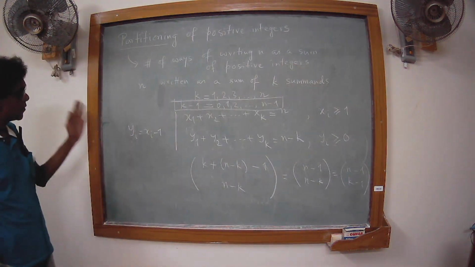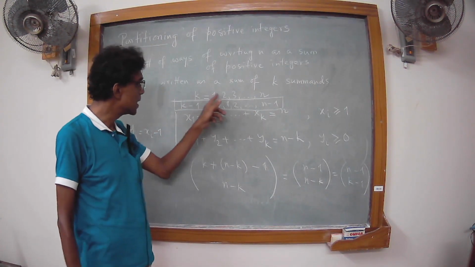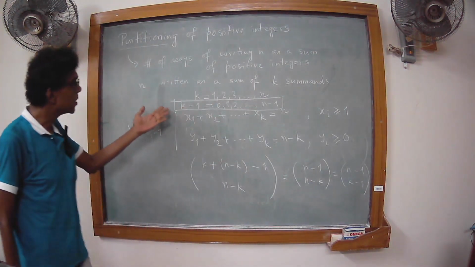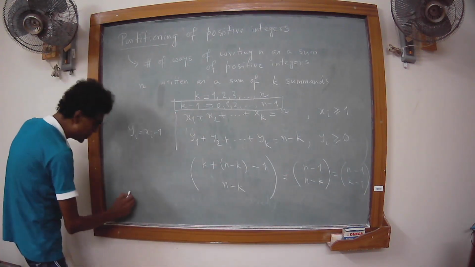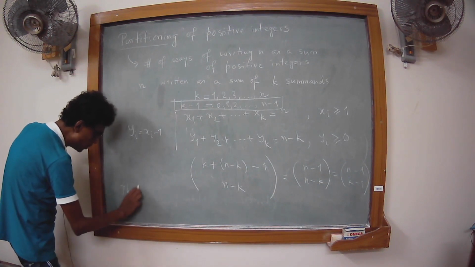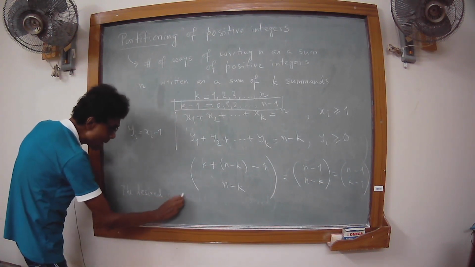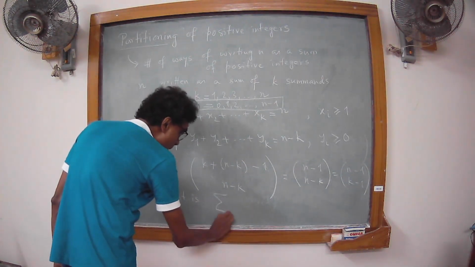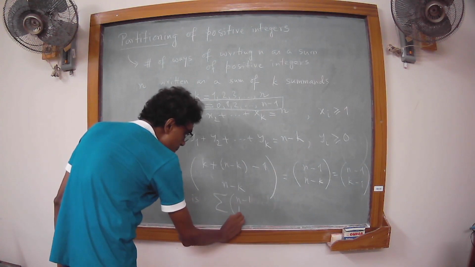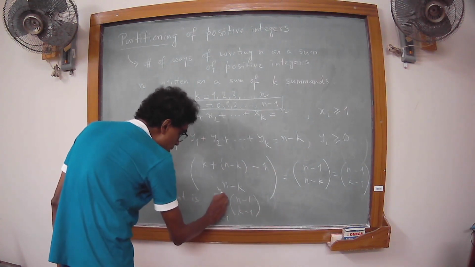Therefore, if I sum over all possibilities of k in the allowed range, or equivalently of k minus 1, the desired count is therefore the summation of n minus 1 choose k minus 1, k equal to 1 to n.